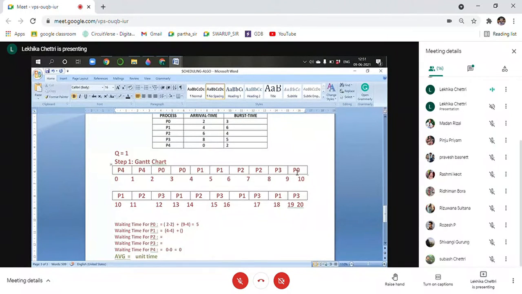So next, P1 is starting at time unit 10, so I write down here 10.